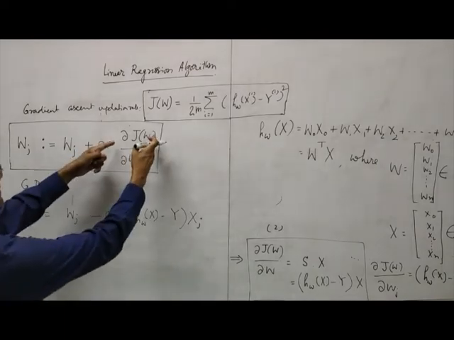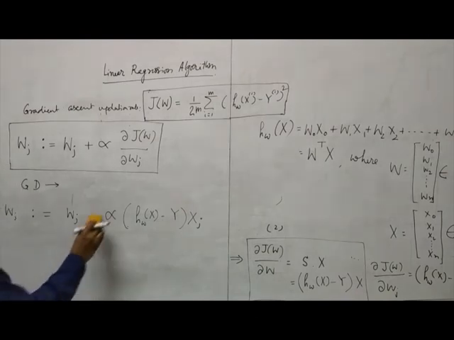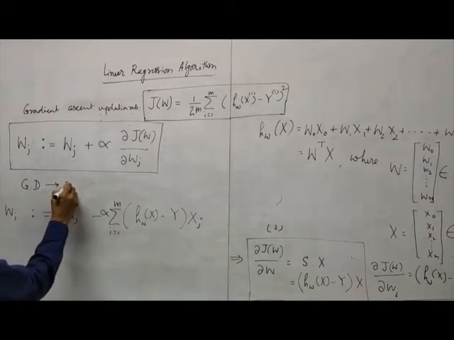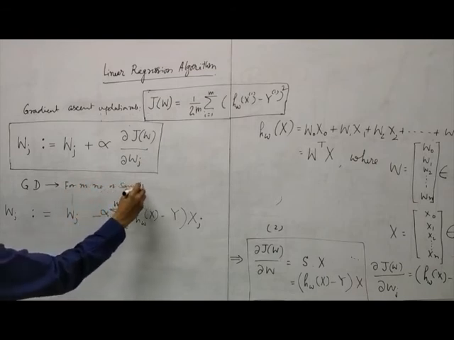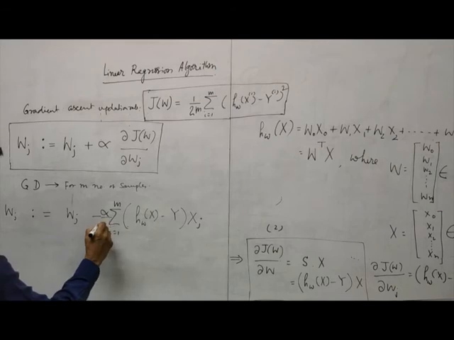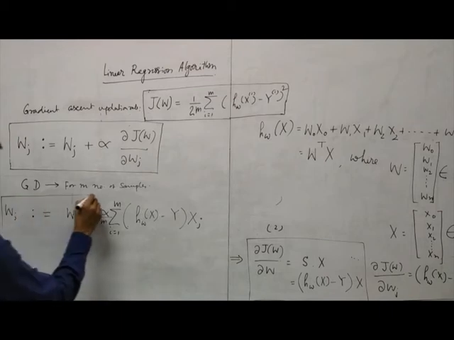So this term I have now replaced by this here, and for m number of samples, each step will be operated like this, and again for convenience I will divide it by m, and this will be my updation rule.